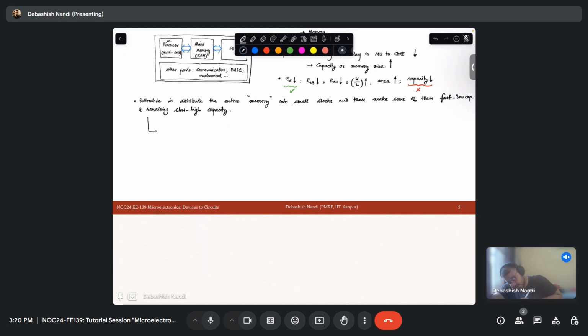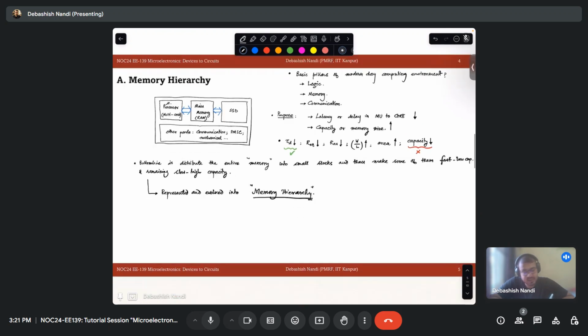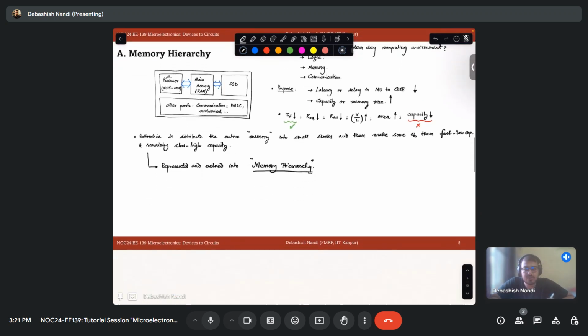This idea is represented by something called memory hierarchy. Okay, so from whatever we have discussed so far, we can conclude two, three more points, right?